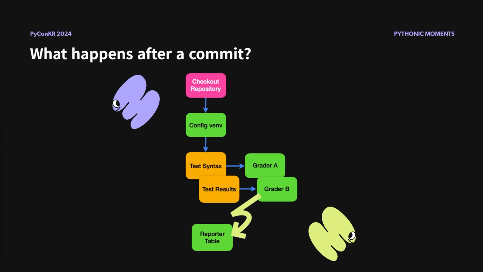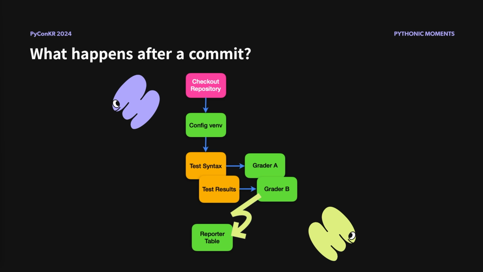Everybody should know, but let me go through the process of what happens after the commit. Once the student commits his or her code into the repository, GitHub will first check out the code from the repository, and then it will configure the environment. For example, it will run test syntax and test result files, and then the results will be collected by GitHub Actions, which are like GitHub CI/CD apps.